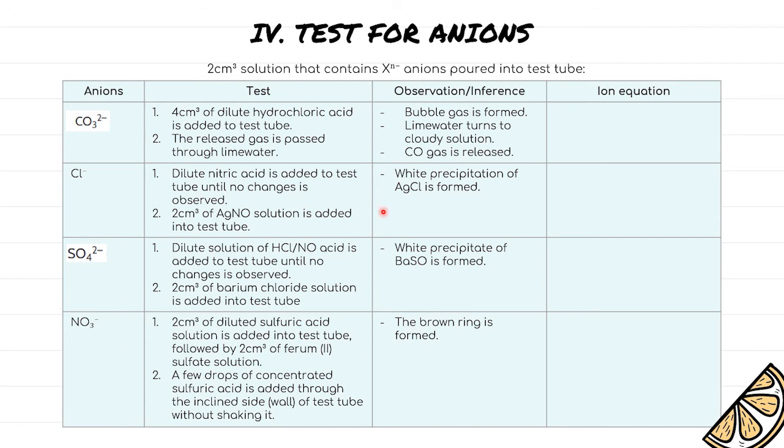The observation obtained is that for carbonate, carbon dioxide gas is released. For chloride, a white precipitate is formed. For sulfate, a white precipitate is formed. And for nitrate, a brown ring is formed. So here is the ionic equation of each anion. Move on to the next slide.